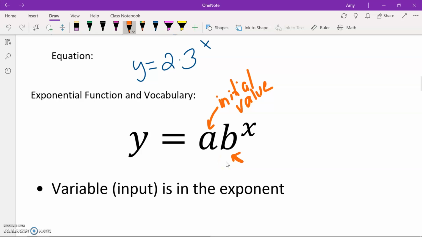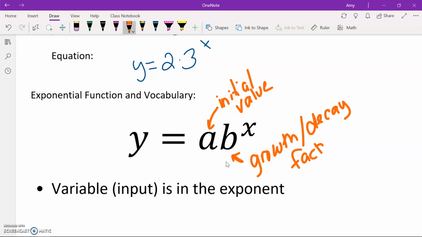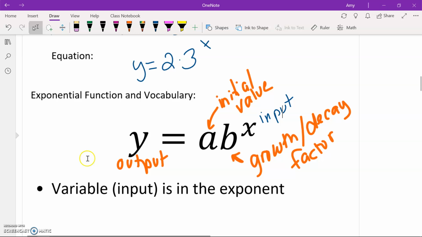Then your b is going to be your growth or decay factor, and that tells us how quickly our value is going to grow or how quickly our value is going to decay or get smaller. And then we know that y is our output because x is the input. Remember, these are our vocabulary terms for domain and range.